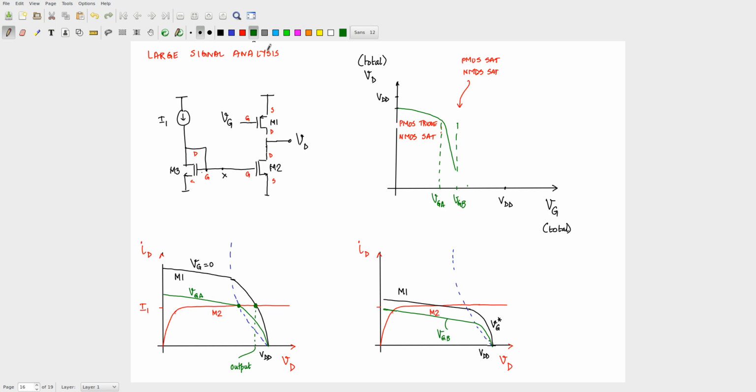What do you expect? You expect your PMOS to be in saturation and NMOS to be in triode. But there is one other point that you have to keep in mind, and which is what?